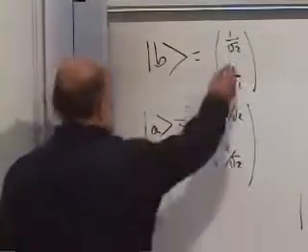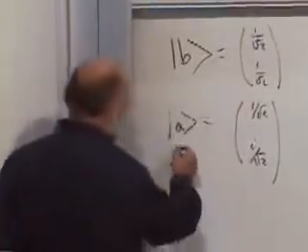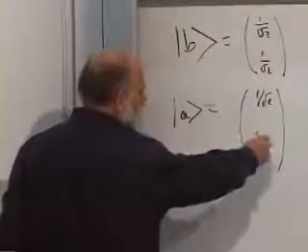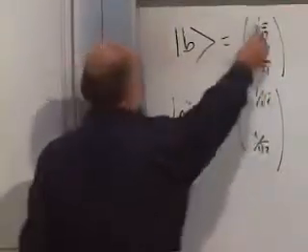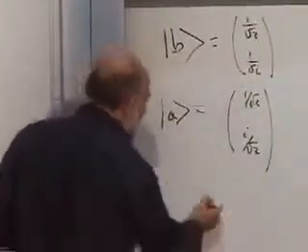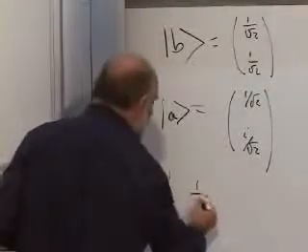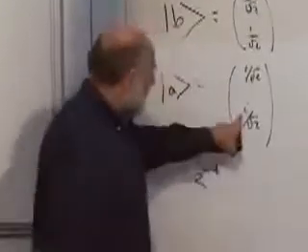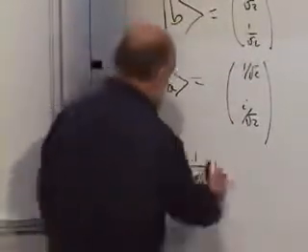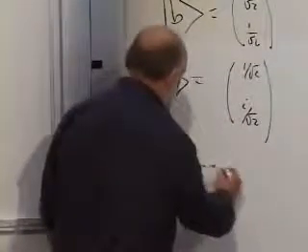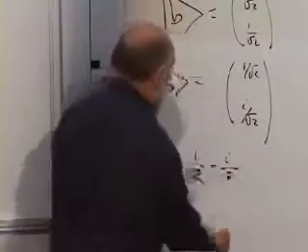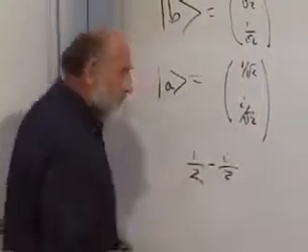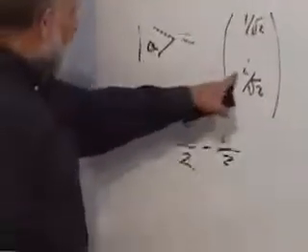The inner product of these two, we first of all have to complex conjugate, so don't forget the complex conjugate. But it's 1 over the square root of 2 times 1 over the square root of 2, which is 1/2. And then plus, but we have to complex conjugate, so that means minus i over 2. 1 over square root of 2 times 1 over square root of 2 is 1/2 with an i.